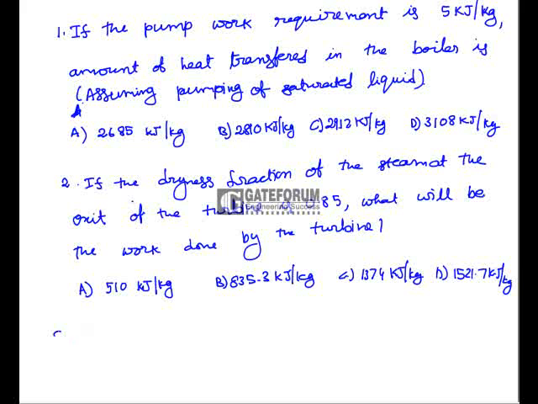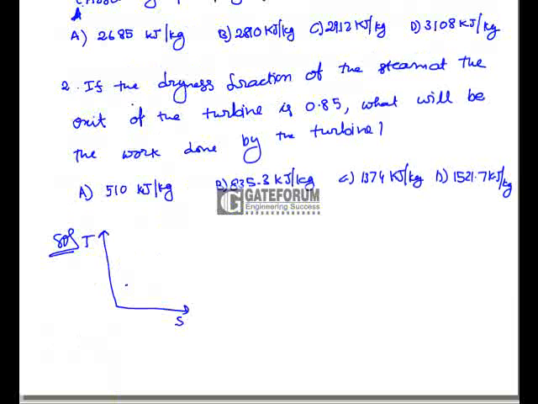Here first draw the Rankine cycle for the given problem, let us say on the TS coordinates. Here it is pumping the saturated liquid, and this is the heat transfer in the boiler, and this is the exit of the turbine at a dryness fraction of 0.85. Let us say they are the points 1, 2, 3, 4.